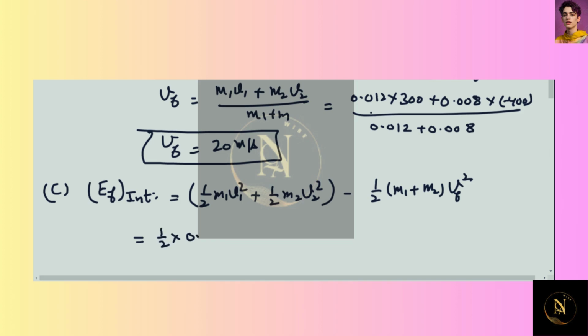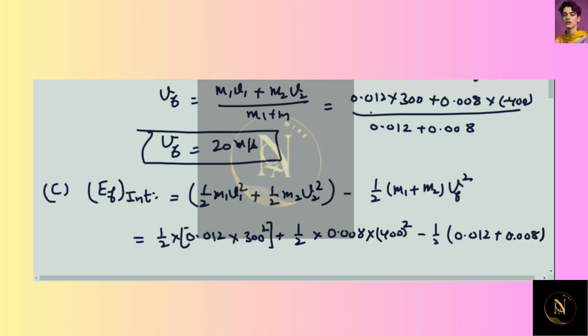M1 is 0.012 into 300 square, 0.008 into 400 square, 0.012 into final 20 square.